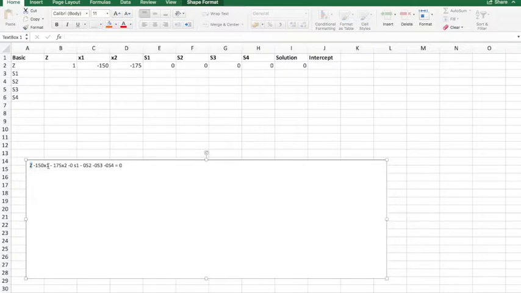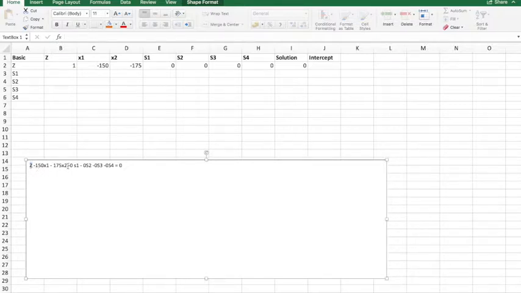Now, if I want to move to the next solution, I'm going to have to change either x1 or x2 or s1, s2, s3 or s4. Now, I need to think, because this has a negative sign in front of it, so z minus something, if I want to get a bigger value of z, I must subtract more from it.